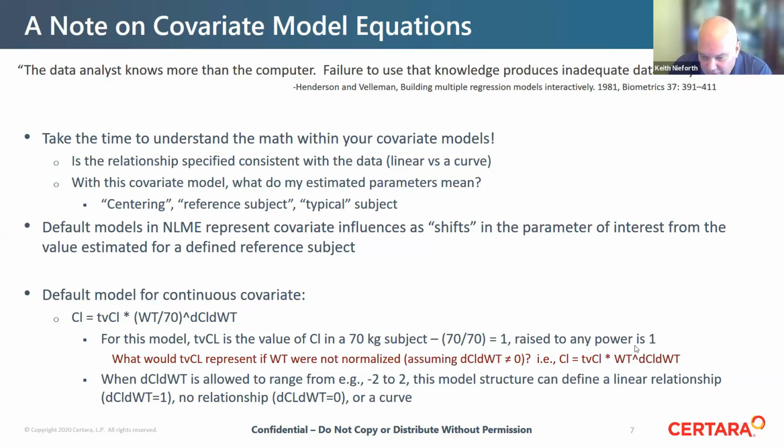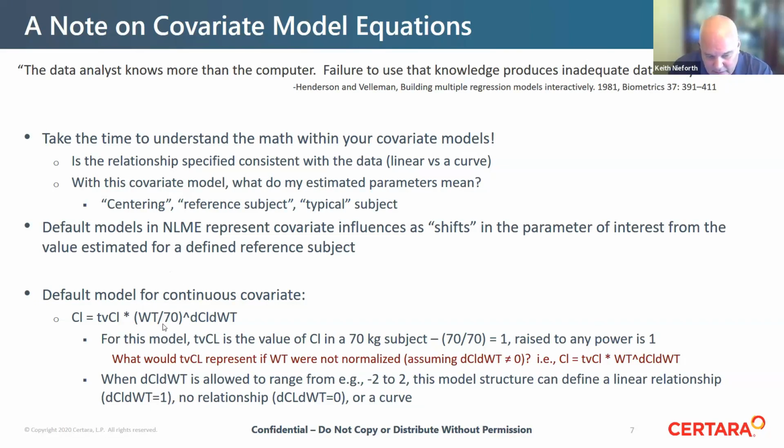If weight's 1, what would make this 1 is if weight were 1. So TVCL in that case would be the clearance for a subject of weight 1, which doesn't really make sense if you think about it. Who in your data set or who that you're going to be simulating, unless you're going into pediatrics, is going to have a weight of 1? So think about how your models are structured.